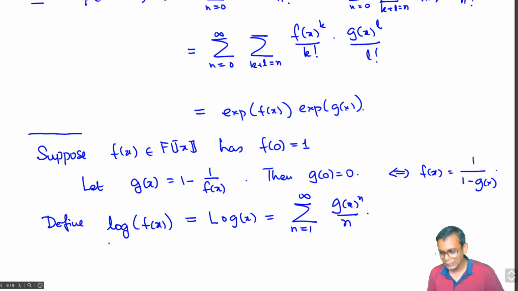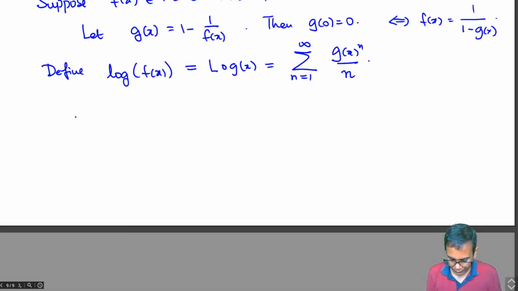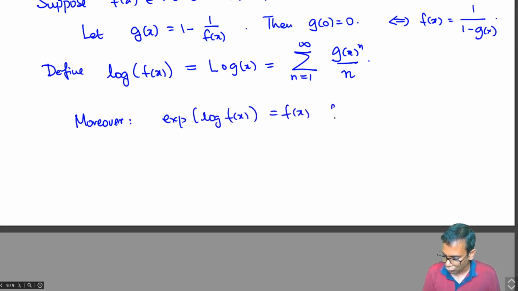So using this, we've been able to define the log of any function whose constant term is equal to 1. Moreover, you can show that exp of log of f(x) is equal to f(x) for all f with f of 0 equal to 1.